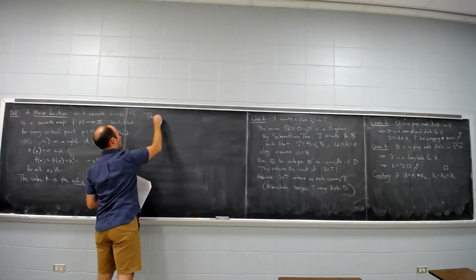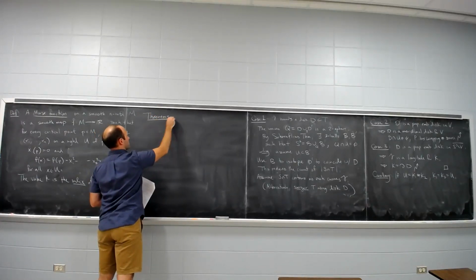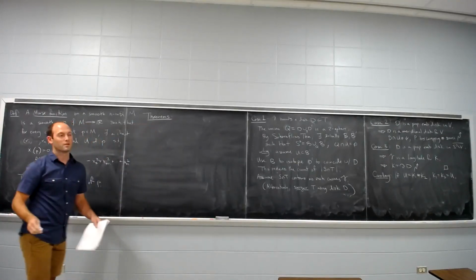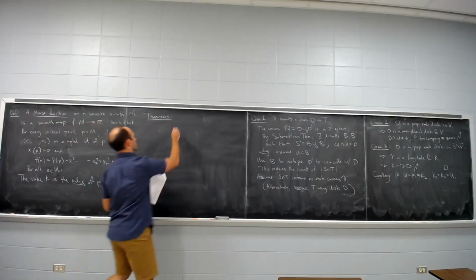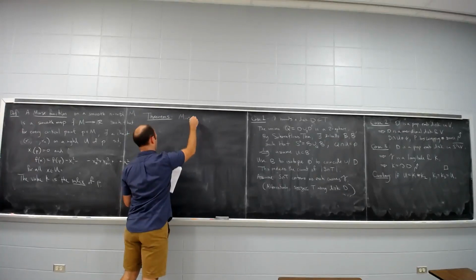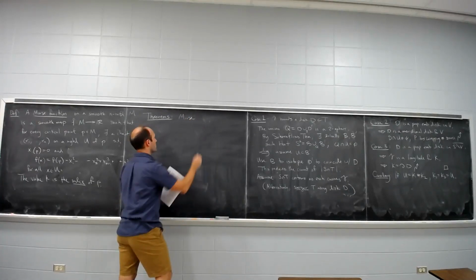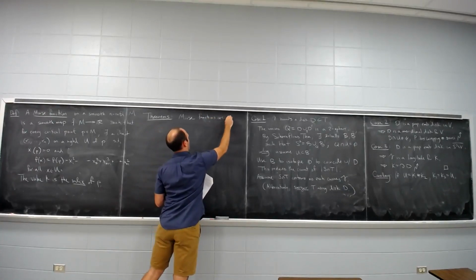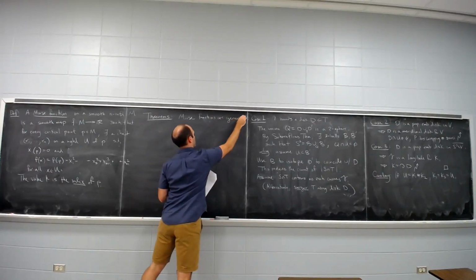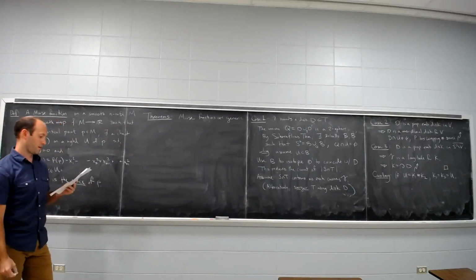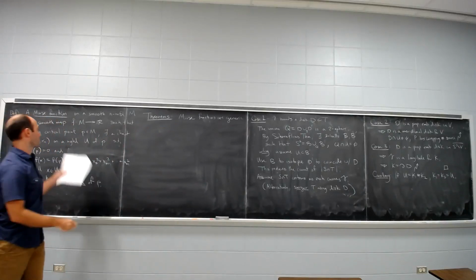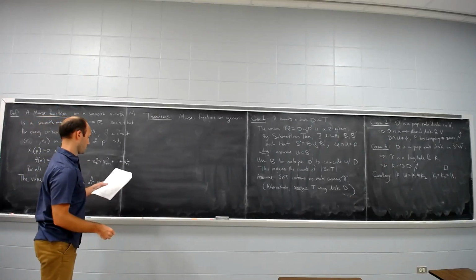I think I'll just collect some theorems here. These are just standard theorems from Morse theory. So the first is that Morse functions are generic among smooth functions of this type, meaning that by a slight perturbation, we can always assume that a smooth function is Morse.